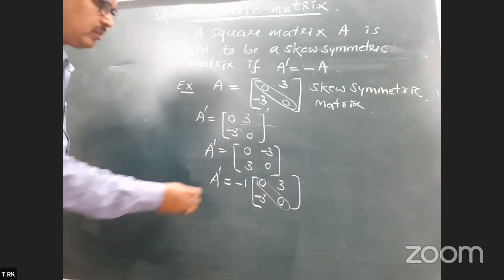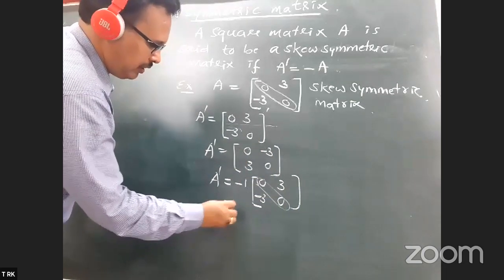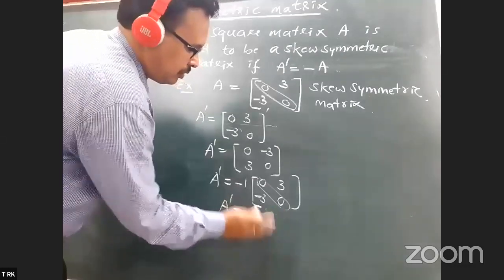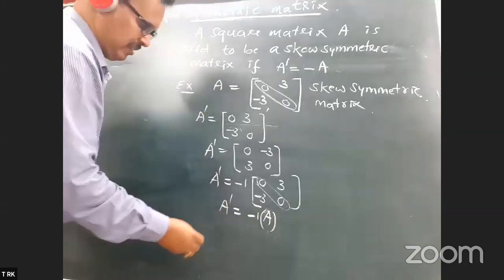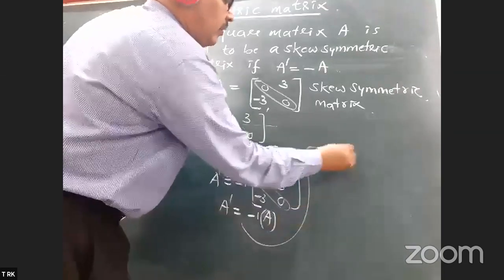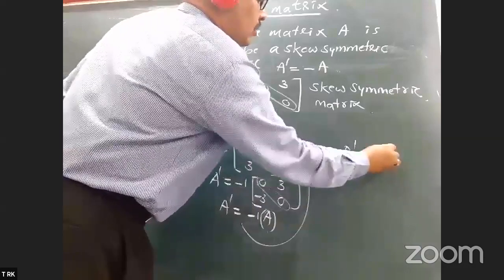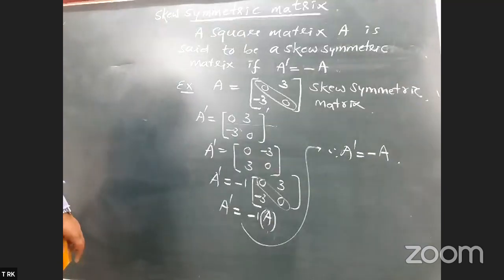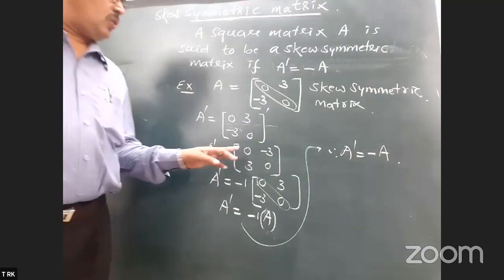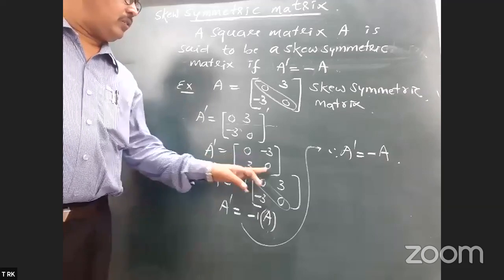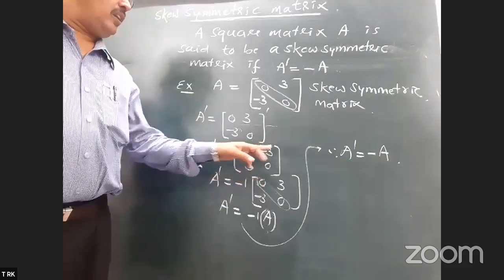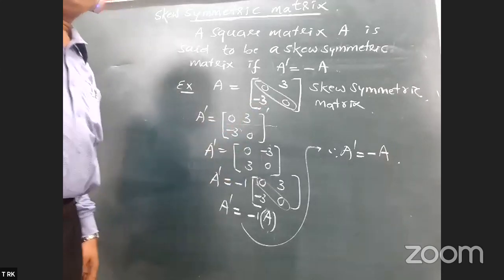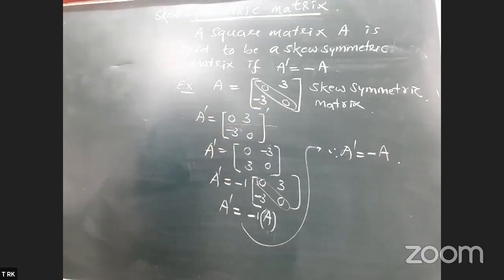So A dash is equal to minus 1 into the matrix A itself. Therefore, A dash is equal to minus A. In a skew symmetric matrix, all diagonal elements are zeros, and elements on either side of the diagonal are of opposite sign.